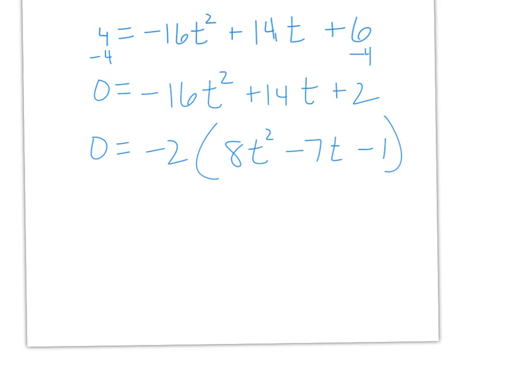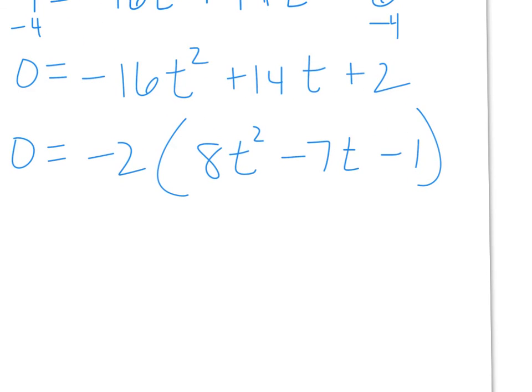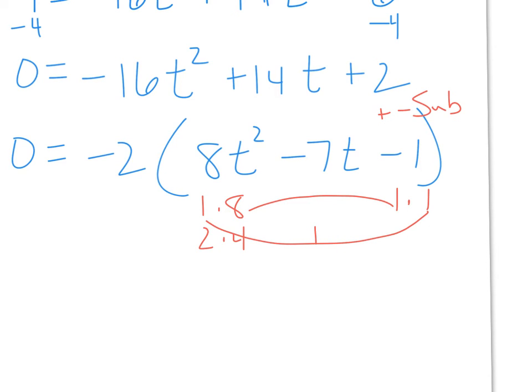Okay, now you need to go ahead and start your list here. 1 times 8, 2 times 4, and 1 times 1. Now I need a 7, still a positive negative combination, so we know we're subtracting, right? So if I look here, 1 times 1 is 1, 8 times 1 is 8, and if I make that 8 negative, that's going to get me negative 7 in the middle.